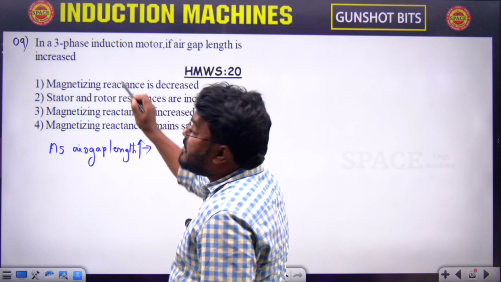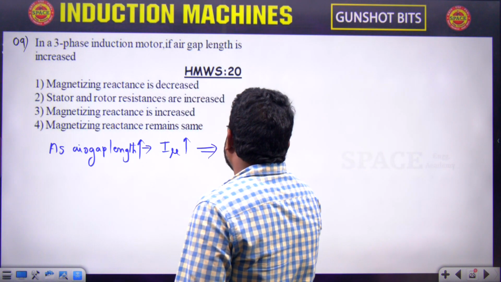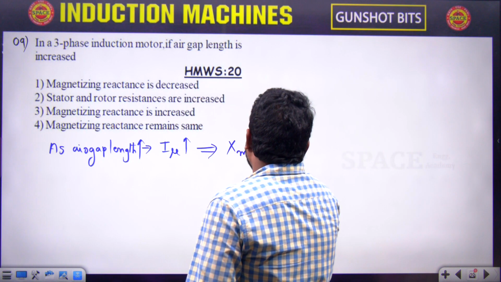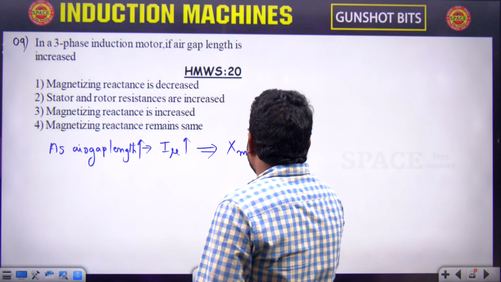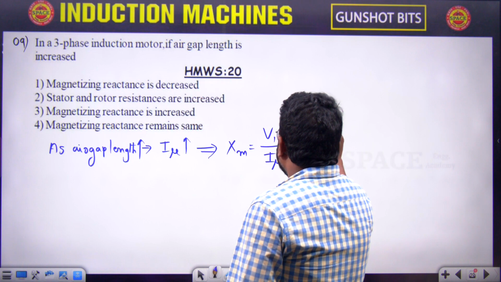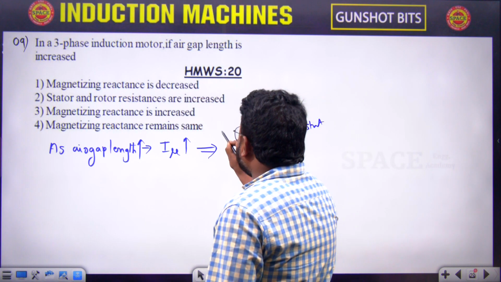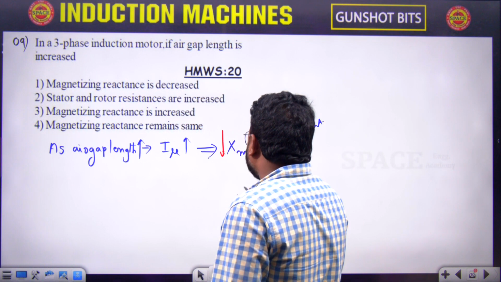But the question is about magnetizing reactance. We know that magnetizing reactance Xm is equal to the applied voltage divided by the magnetizing current. The applied voltage is constant. So with an increase in the magnetizing current, the magnetizing reactance decreases.